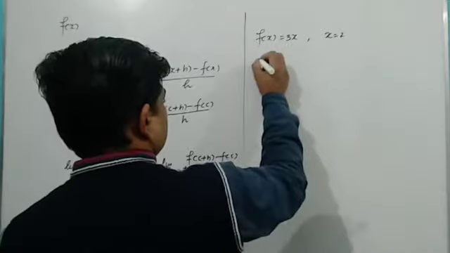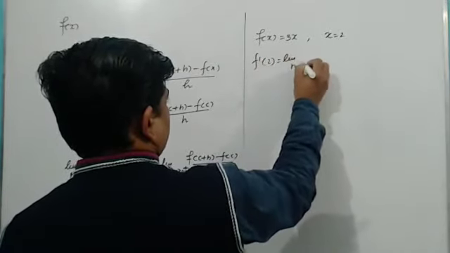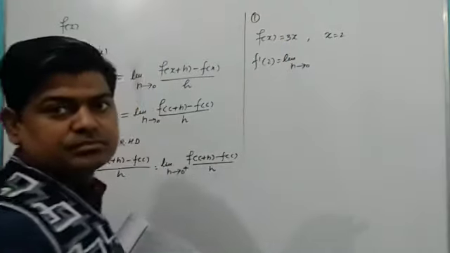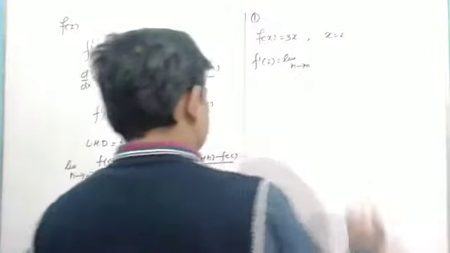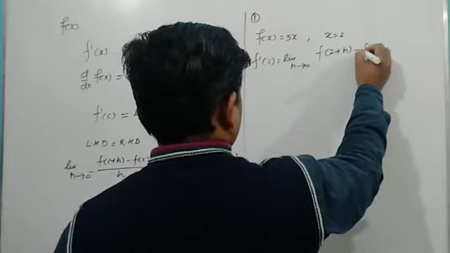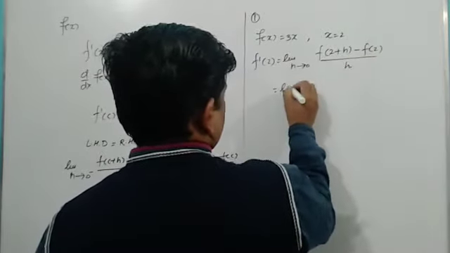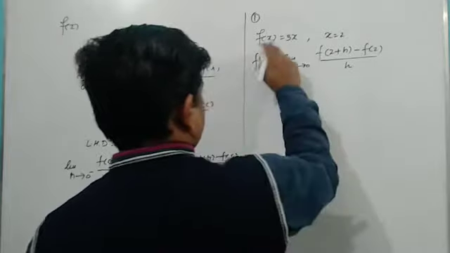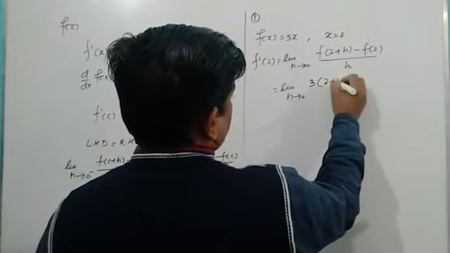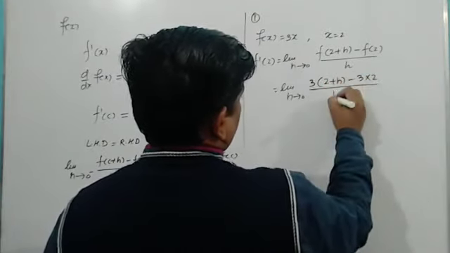I can write here f dash 2 is equal to limit h tends to 0 of f(2 plus h) minus f(2) whole upon h. Now when I put 2 plus h in the function, it will come like that: 3 into (2 plus h) minus 3 into 2 whole upon h.